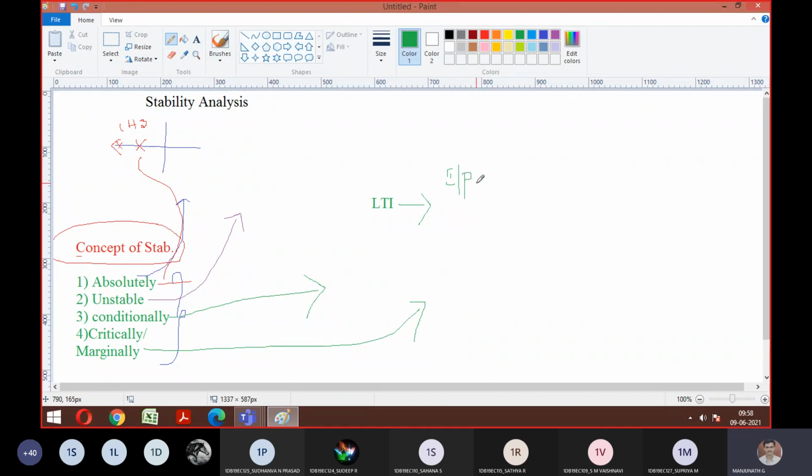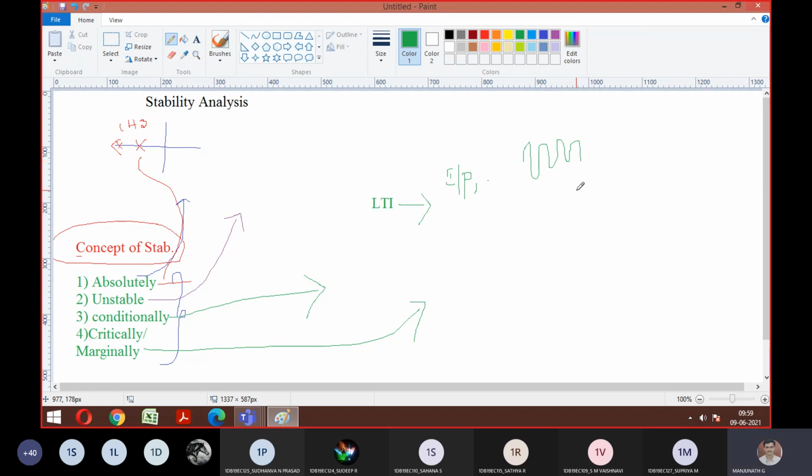You can underline the words 'with a constant'. I hope you know the meaning of oscillation, right? The oscillation is like this. So input and output oscillate with a constant frequency and amplitude.